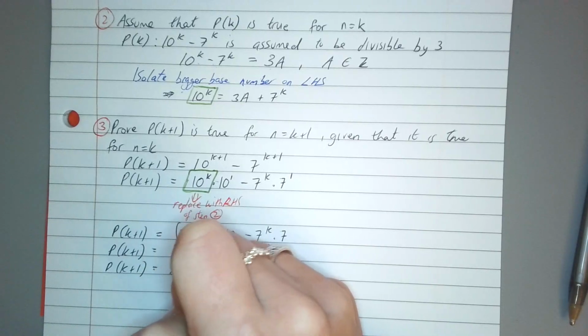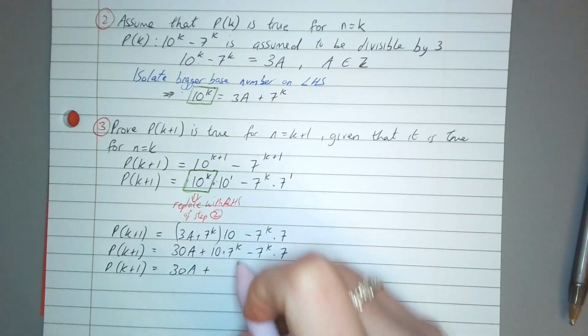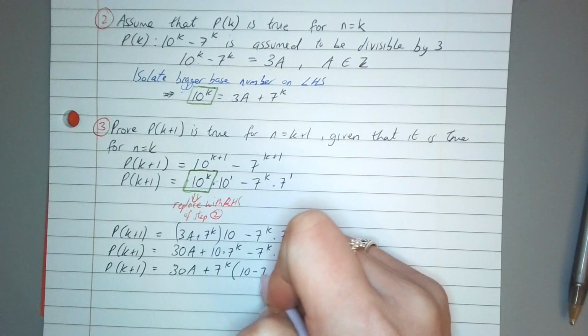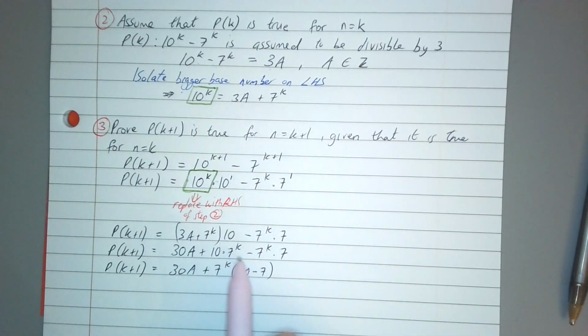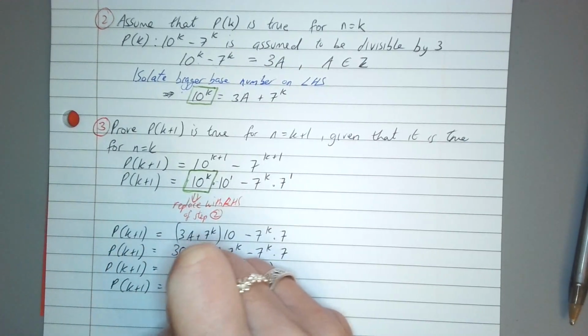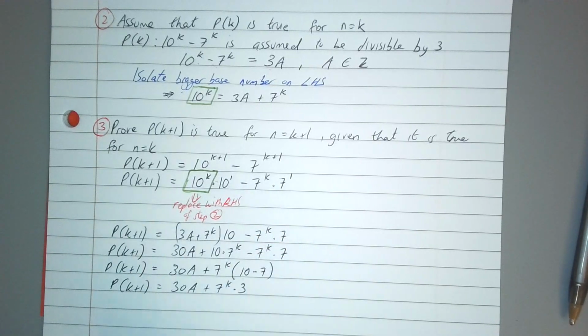So 30a plus, if we factorise out the 7 to the power of k from both parts, 7 to the power of k, bracket 10 minus 7. And then we can tidy this bit up: 30a plus 7 to the power of k times 3, because 10 minus 7 gives us 3.